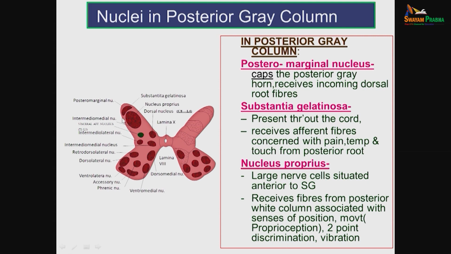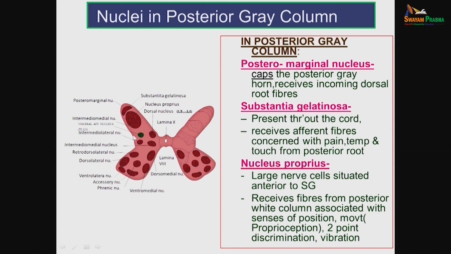Anterior to it, you see a large nucleus called the nucleus proprius. As the name suggests, it receives fibers from the posterior column associated with the sense of proprioception, that is, the sense of position and movement, and also two-point discrimination and vibration sense.